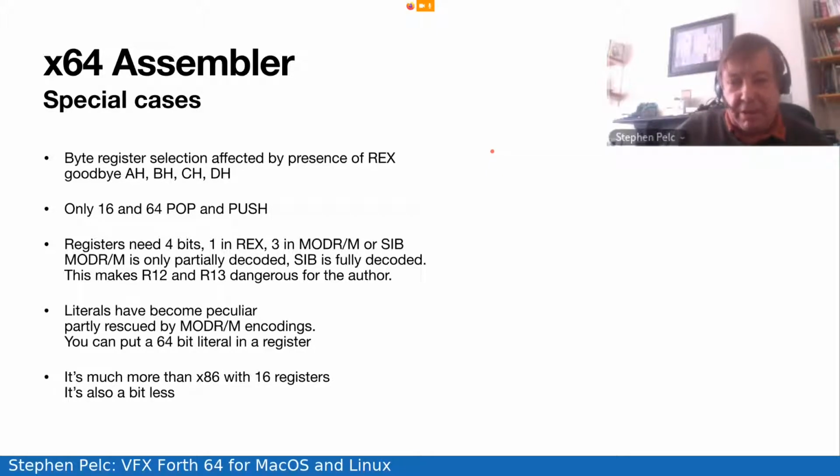And in particular, a consequence of this is that R12 and R13 are dangerous if you get it wrong. And we did get it wrong, because we used R12 and R13 for our own particular purposes.